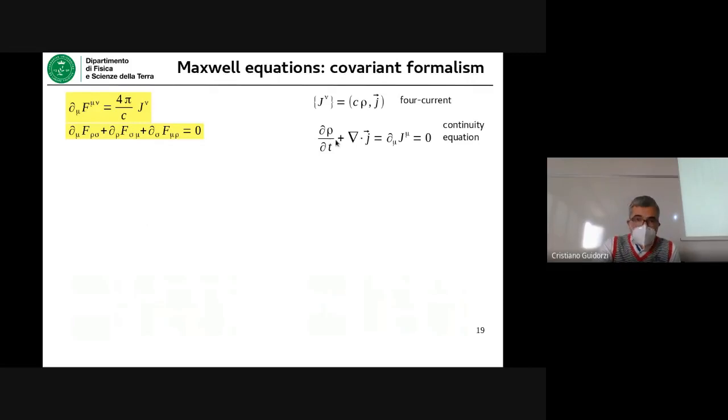which is the continuity equation, but written this way is, again, even more powerful, because you immediately see that this guy is a Lorentz invariant scalar. So if charge is conserved in one reference frame, it is automatically conserved in all reference frames.